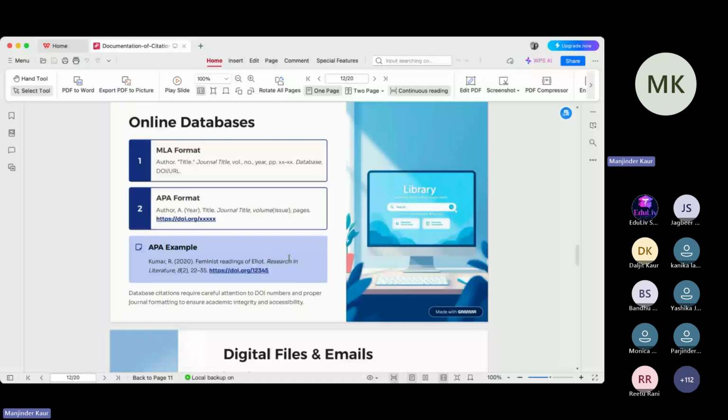Research in literature can be the website, it can be the online journal, and these are the page numbers on which the article runs through, 8 and 2 in the parenthesis. They talk about the edition or the journal, particular journal, and then the DOI number, right? Are we clear?